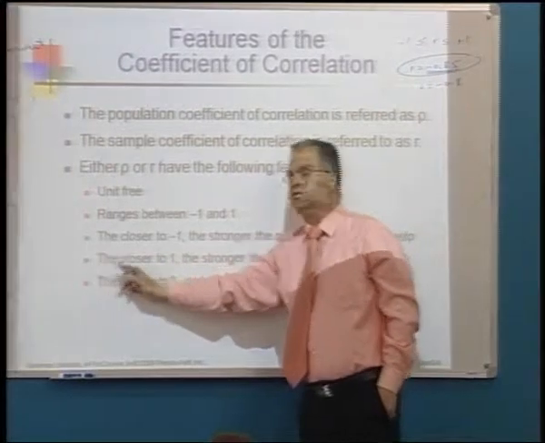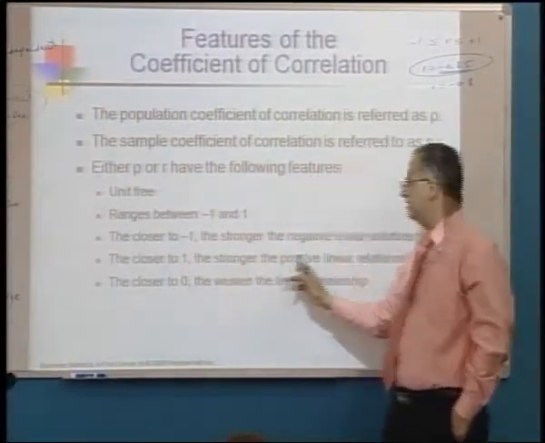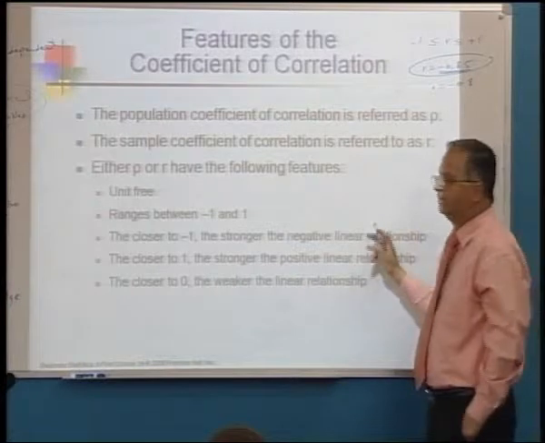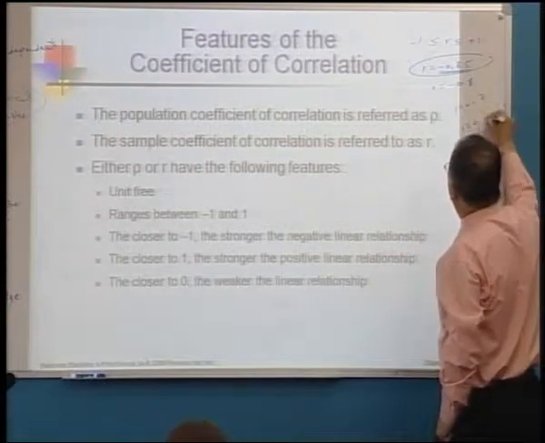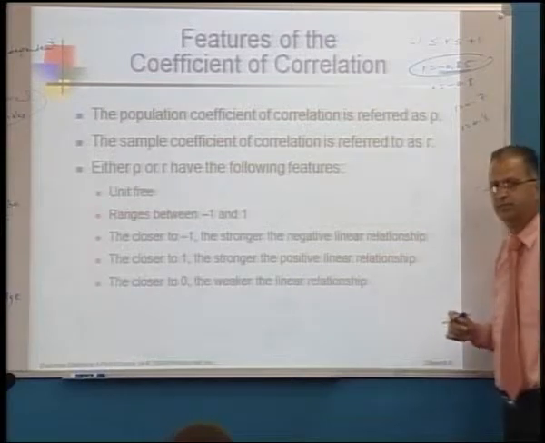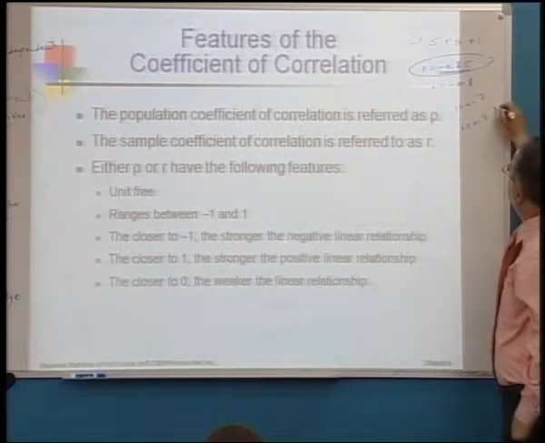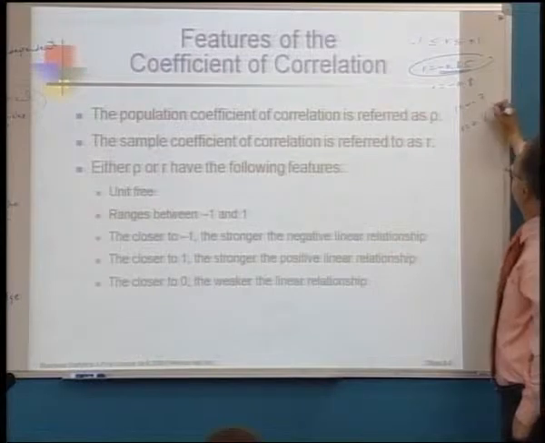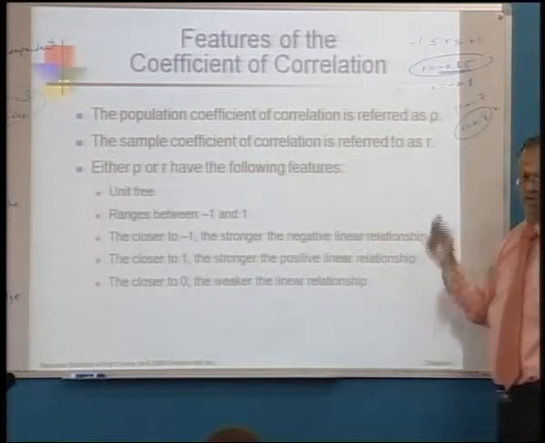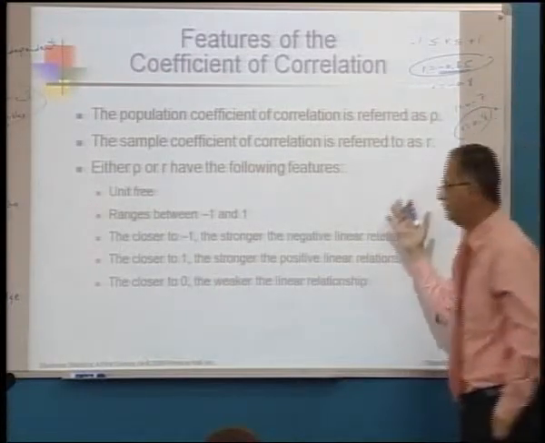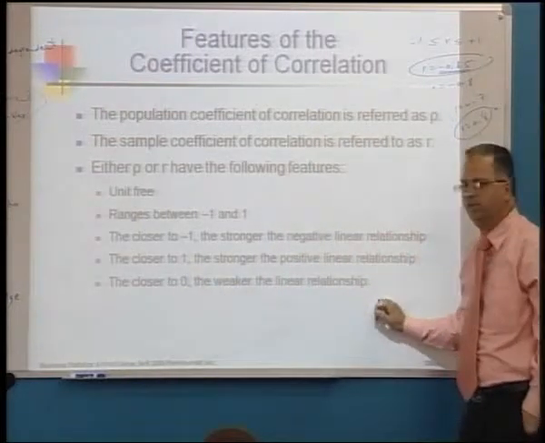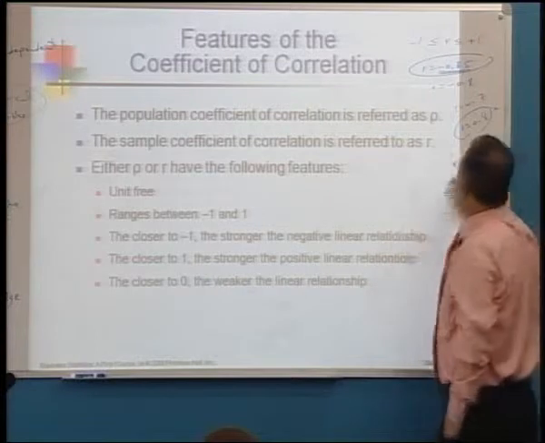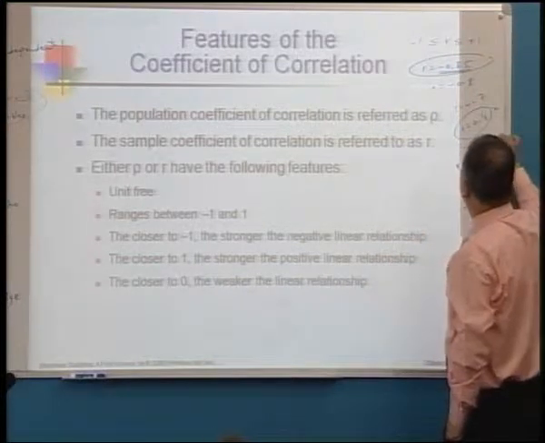Also, the closer to +1, the stronger the positive linear relationship. Here, suppose R is 0.7 and another R is 0.8. 0.8 is closer to +1 than 0.7, so 0.8 is stronger. This one makes sense. Closer to 0, the weaker the relationship between the two variables. For example, suppose R is plus or minus 0.05.